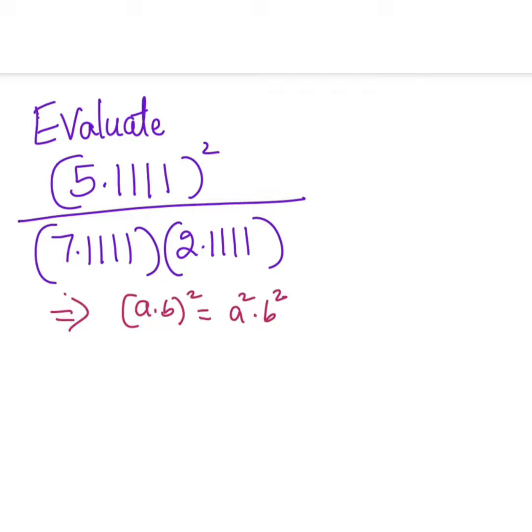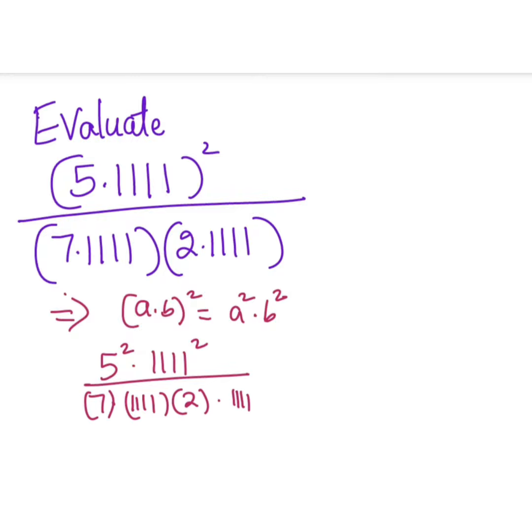So by using this property we can write this as 5 square into 1111 square divided by 7 into 1111, then 2 into 1111.